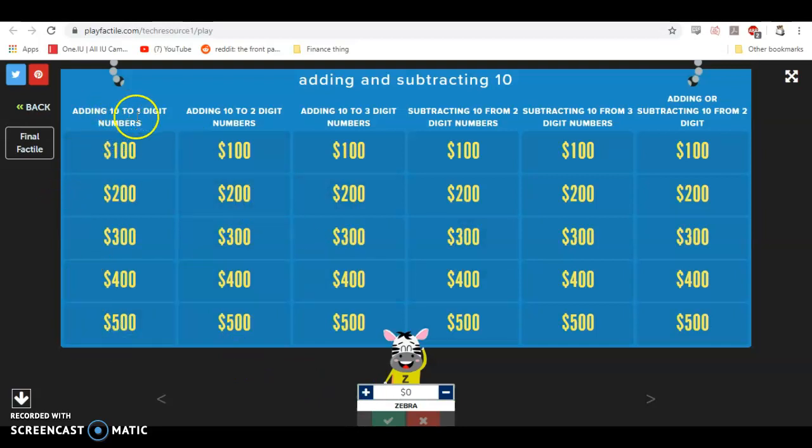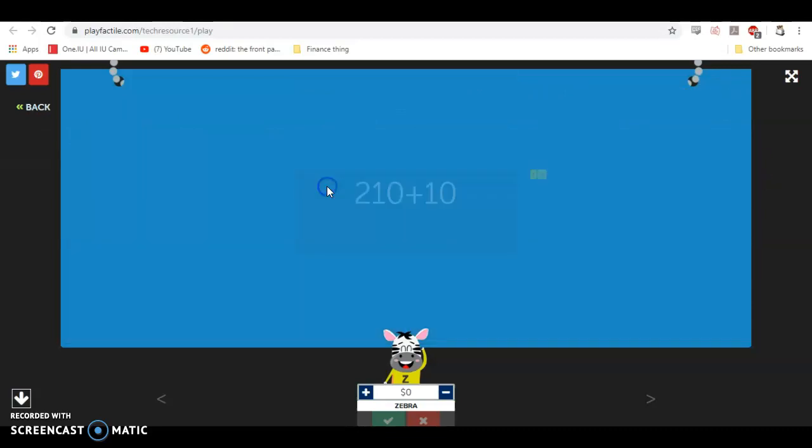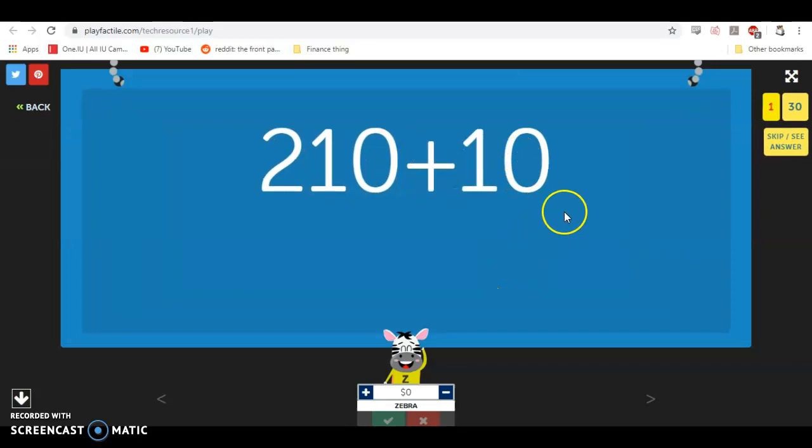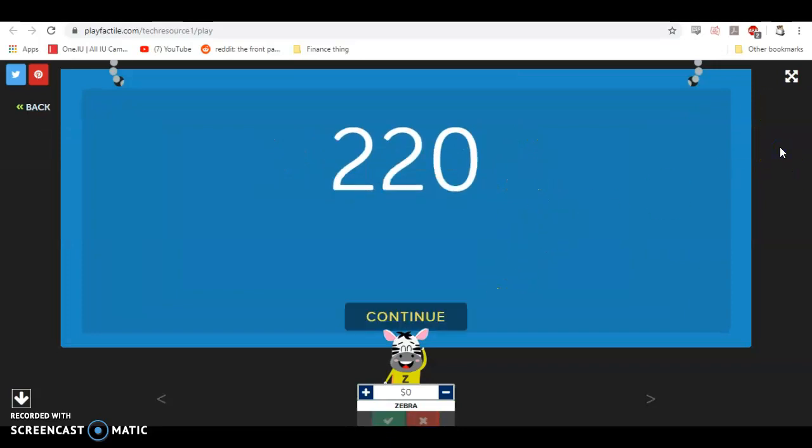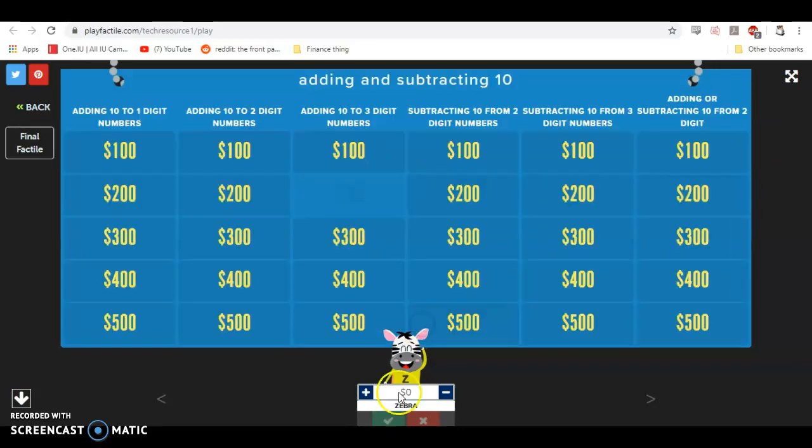We have adding 10 to 1-digit numbers, 2-digit numbers, 3-digit numbers, subtracting 10 from 2-digit numbers, because you can't subtract 10 from a 1-digit number, not at the first grade level, subtracting 10 from 3-digit numbers, and then adding or subtracting. You can click on a random one, 210 plus 10, 220. And then you can customize the point systems for your students and teams.